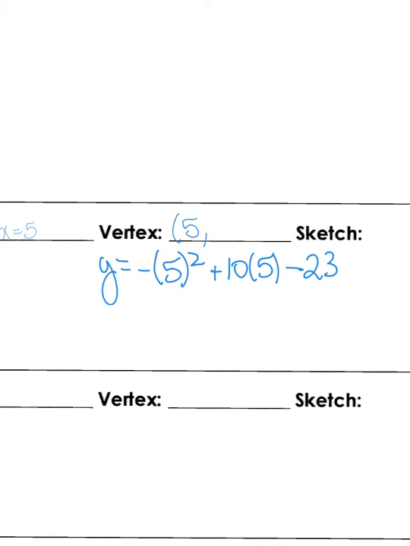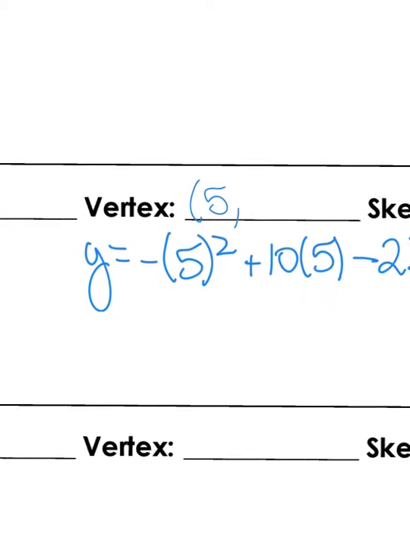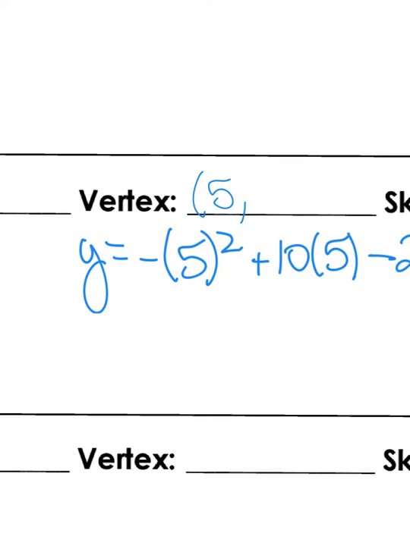All right, so simplifying. This is where I want you to pay attention. I put the 5 in parentheses because when you have a negative x squared, you're multiplying by a negative 1. So that's why it's not negative 5 times negative 5, it's 5 times 5 times negative 1.